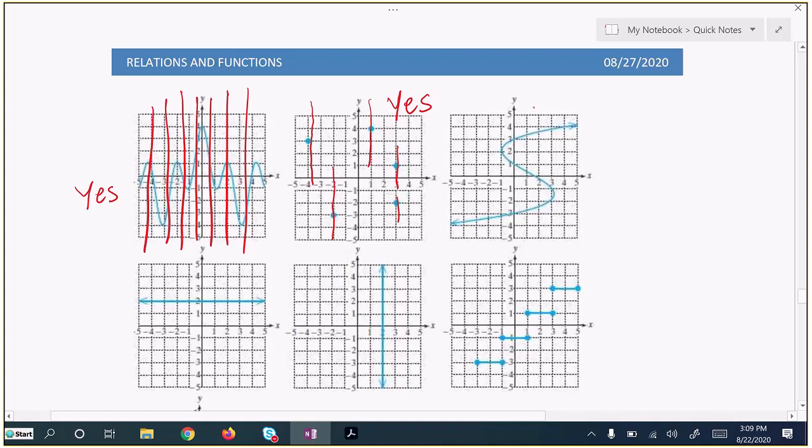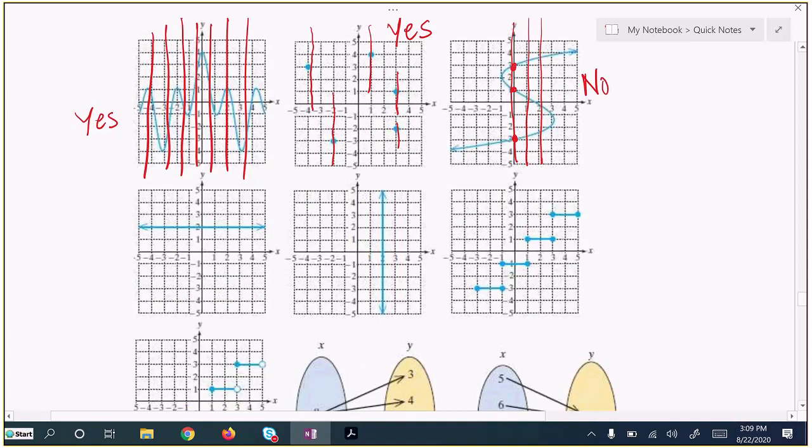We've already seen that a picture of this type is not a function because we've got at least one X in the domain, like X equals 0, that has 3 different Y values in the range. So it's a relation, but it's not a function. How about this straight line?